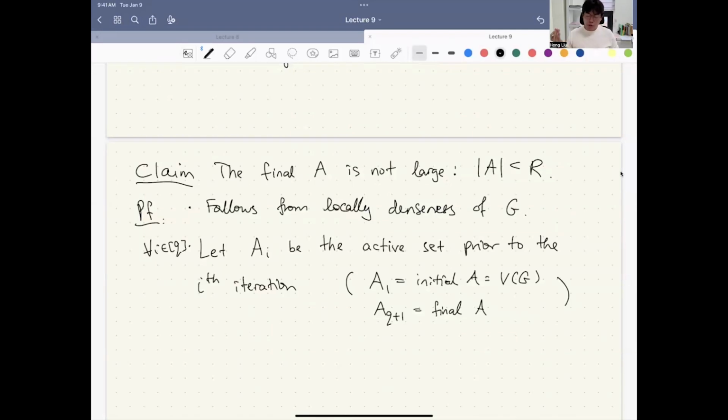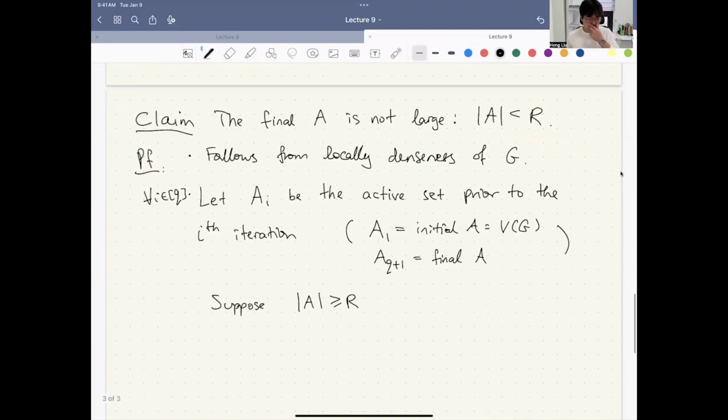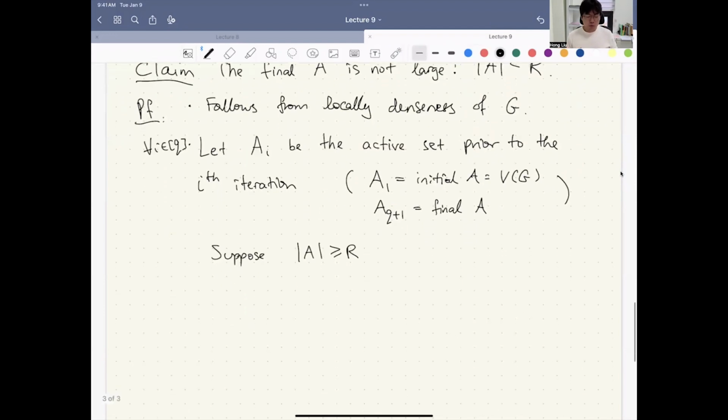Now, suppose to the contrary that A is at least R. Let's try to derive a contradiction. Now, we know that at the I step, this is AI, and we order it by max degree ordering, right?